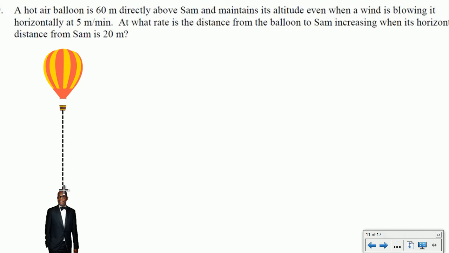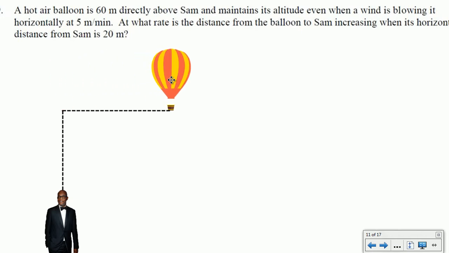So we know this distance is 60 meters, and that's never going to change. So the balloon will maintain its altitude even though it's moving at 5 meters per minute. So it's always going to be 60 meters above Sam. So if we move the balloon to whatever position, we can come up with some variables. This is going to be a right angle.